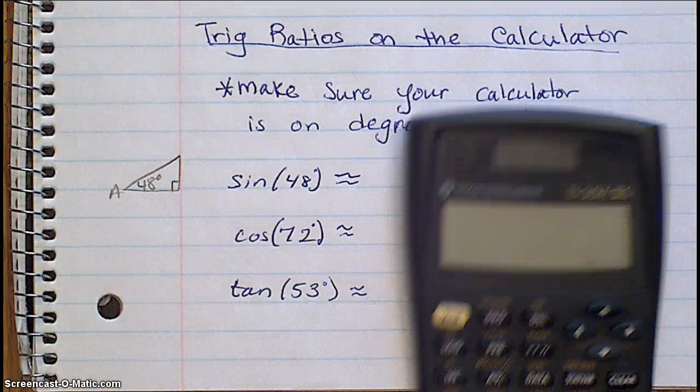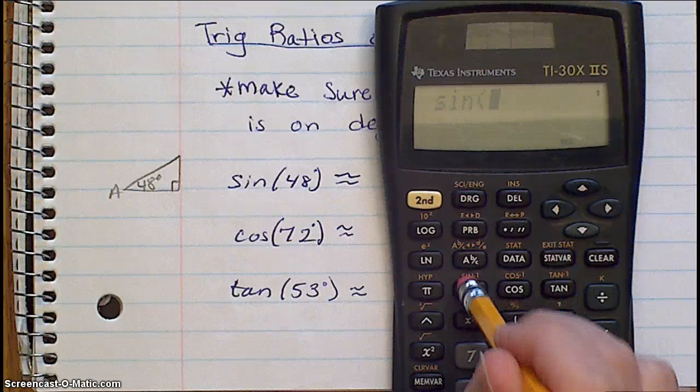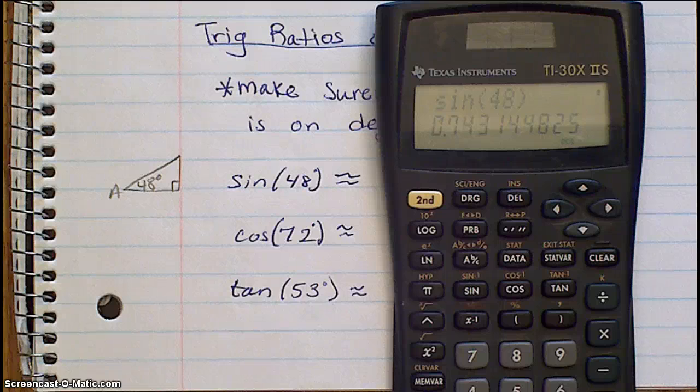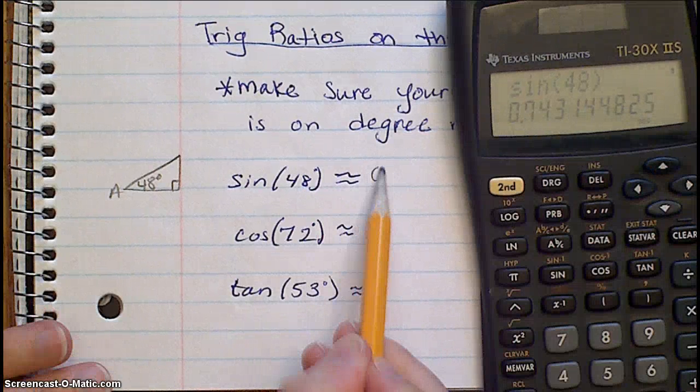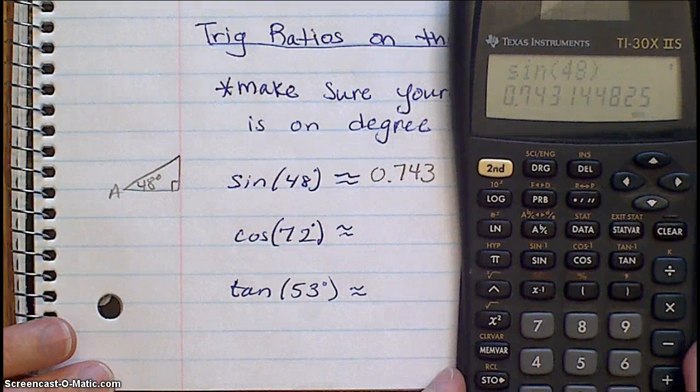From here it's pretty straightforward. The way that you're going to type these on your calculator is by locating your sine, cosine, and tangent buttons, and then just typing it. Sine 48 equals 0.743. And then you just continue doing that. Clear.